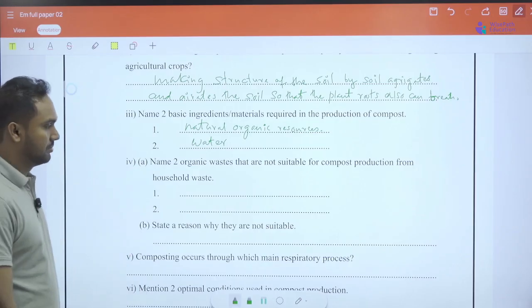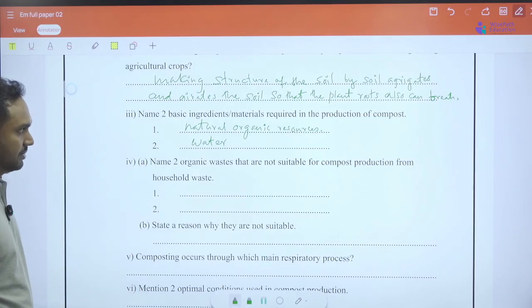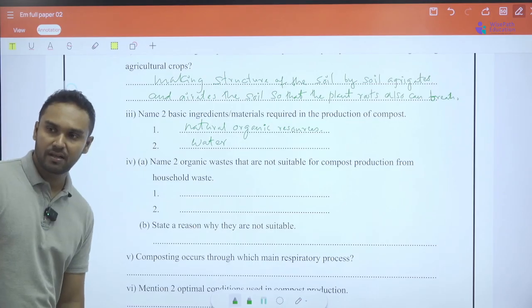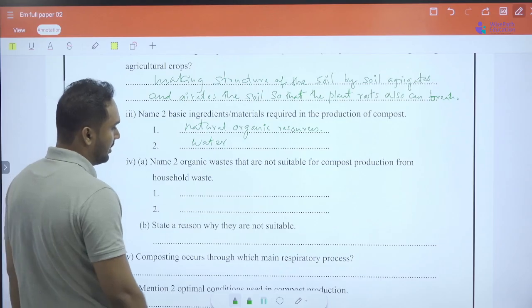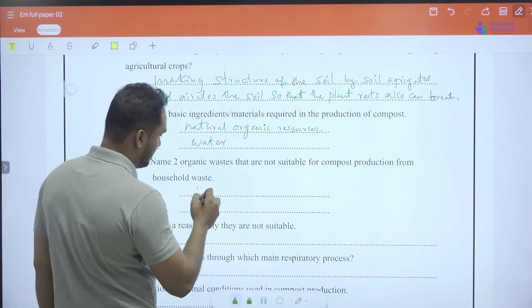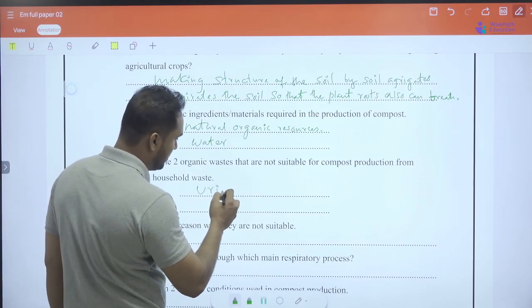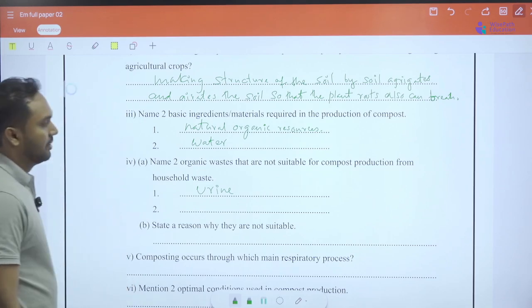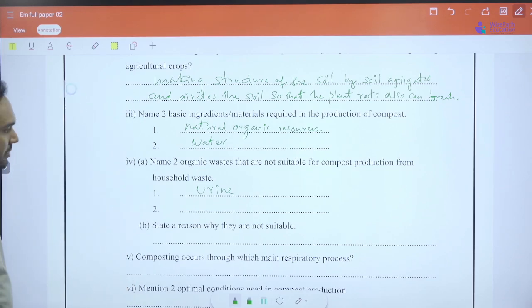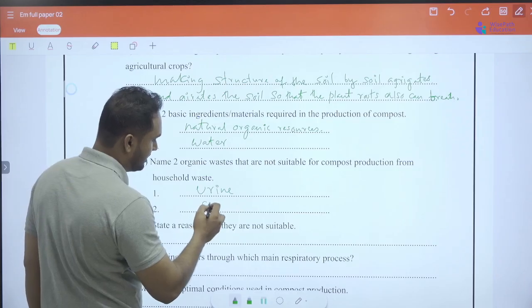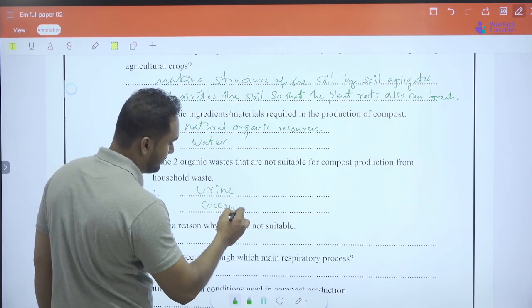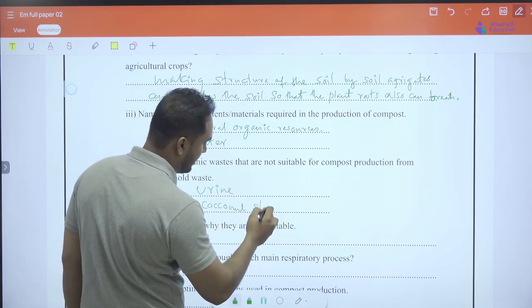So you don't put the coconut shells as well, because the compost is made in like 3 months of time, so the coconut shell won't degrade in 3 months of time. So it's urine, could be cow urine, human urine, anything, you don't put it there. The other thing is the coconut shell.